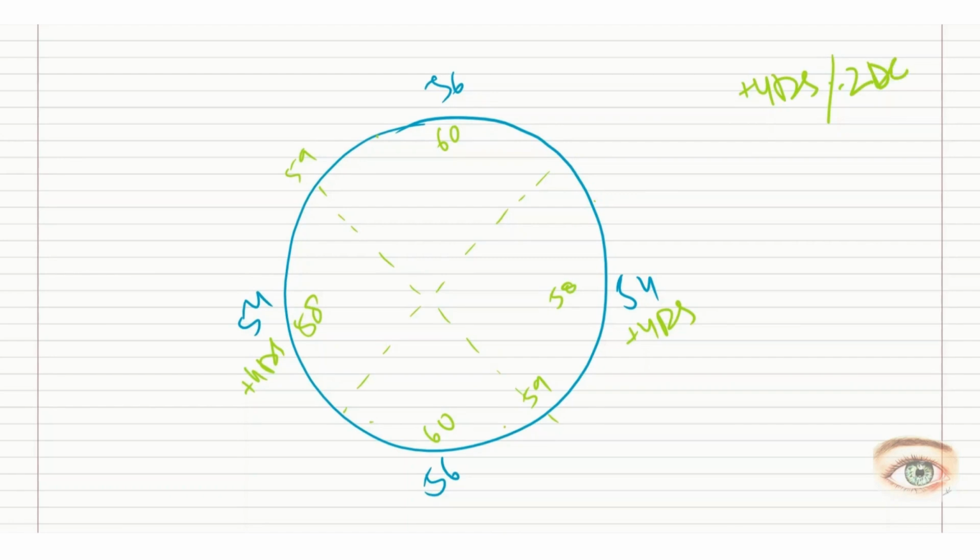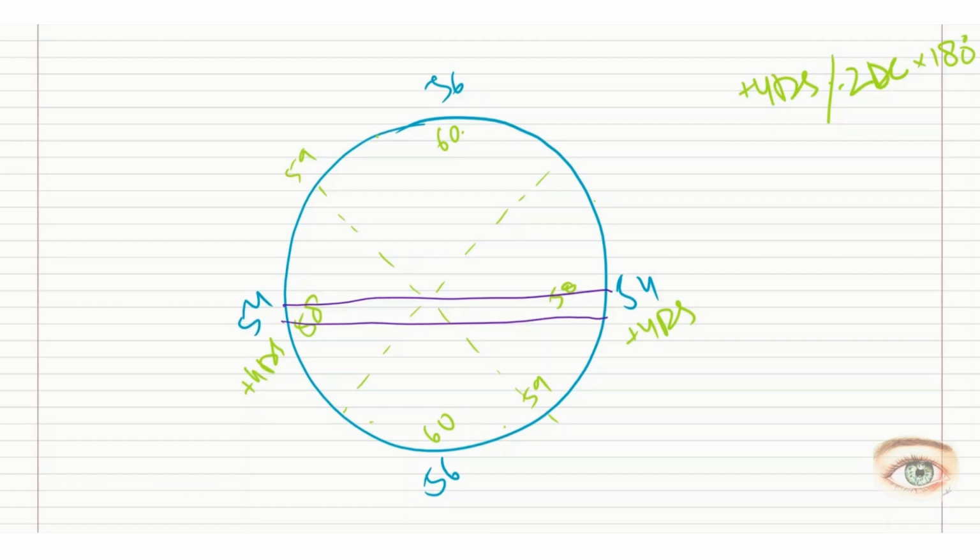At what axis? Mainly I want to reduce power at 90 degrees. So I am going to place a cylinder at 180 degrees, right? So I have placed a cylinder at 180 degrees.